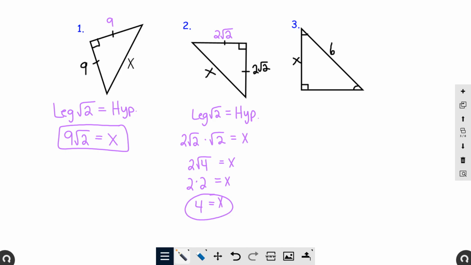So right up here, you could say, well, it's 2 times 2, because the square root of 2 times the square root of 2, and then you could get to that 4 a little faster. So if you know those things, do them, okay? But just a reminder, numbers outside multiply together, numbers inside multiply together. All right, then write down problem number 3.